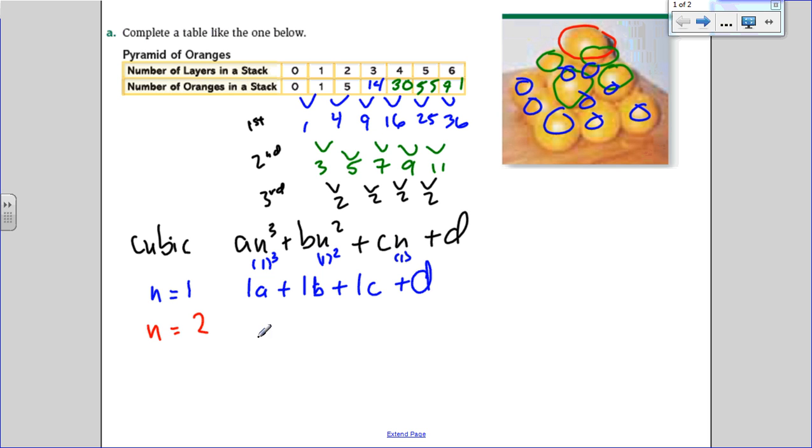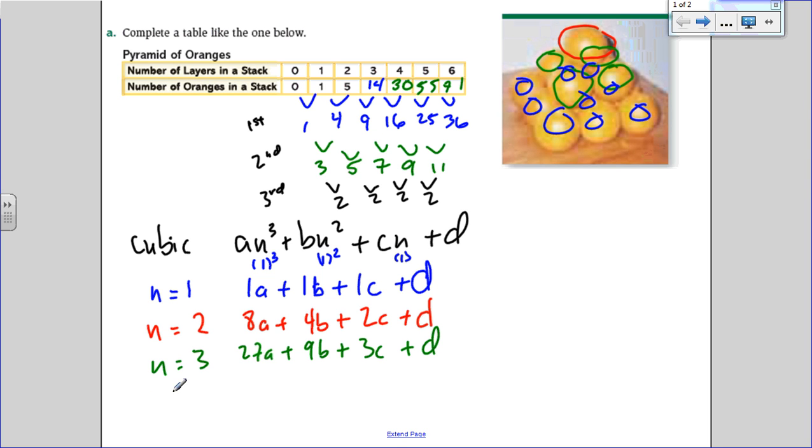We can also do an n equals 2, so that would give me an 8a plus 4b plus 2c plus d. Then n equals 3: 27a plus 9b plus 3c plus d. And then when n equals 4, 64a plus 16b plus 4c plus d.